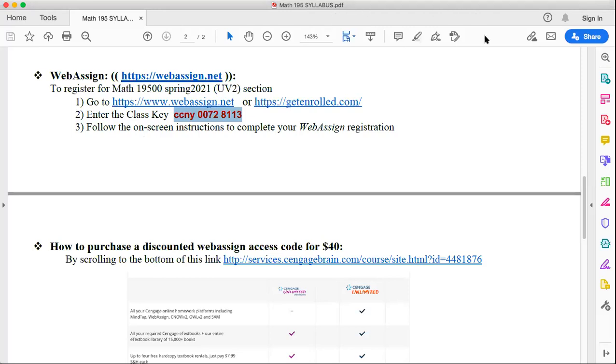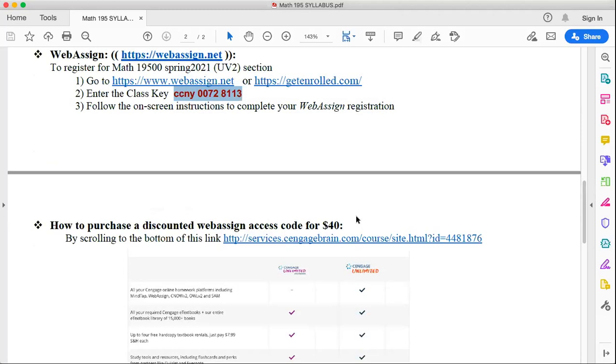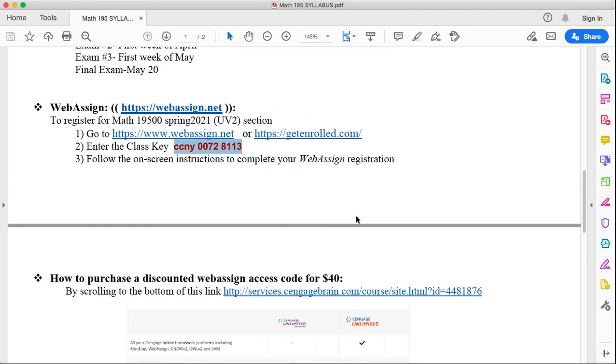Does anyone have questions so far? What about if we already purchased a discount with another course? I will talk about this in the second year section of the syllabus. Is it clear for everyone how to create an account in WebAssign?